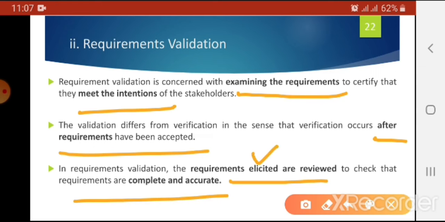Elicited means all the requirements that have been highlighted or given or defined by the customers. The set of requirements that has come will be reviewed to check whether these requirements are complete and accurate. If some requirements are left, then developers or the team may go for another meeting with the customer to get the complete requirements.